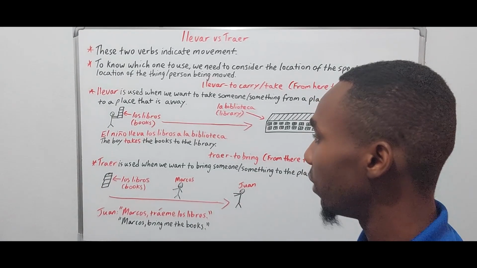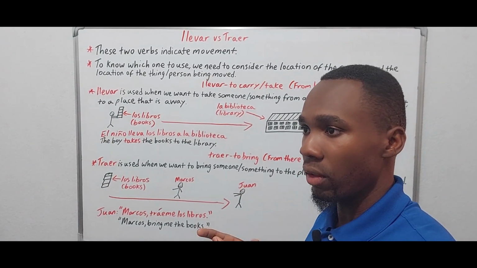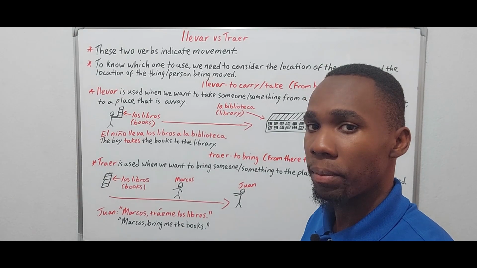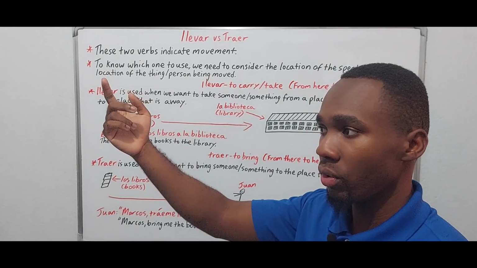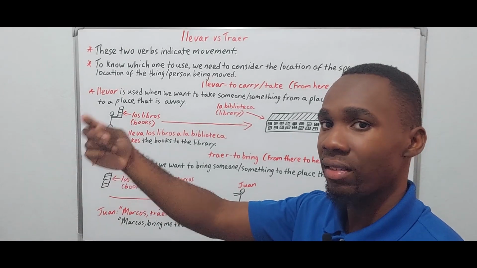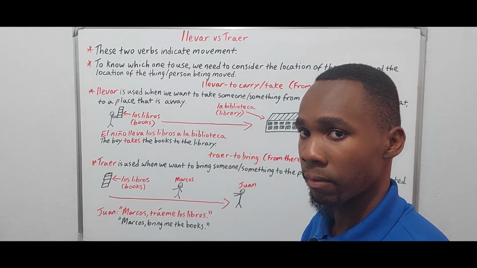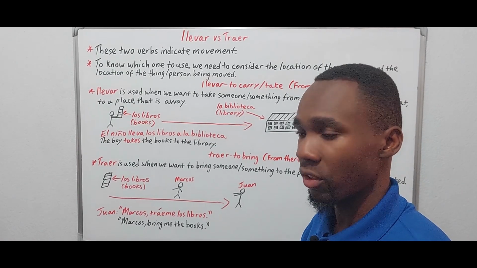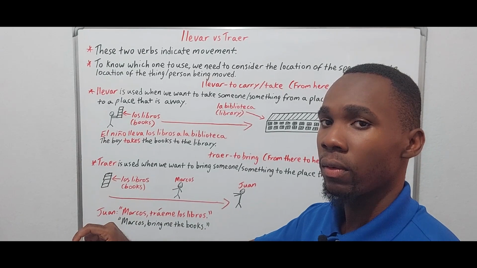So just a brief recap. Llevar means that the item or person has to be transported to a place that is different from the place that the speaker is at. This is what you are going to use to take or to carry.